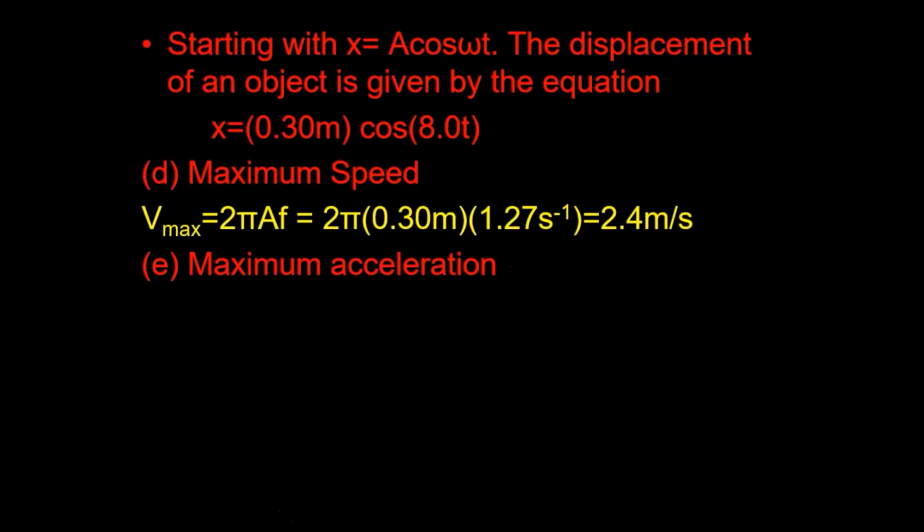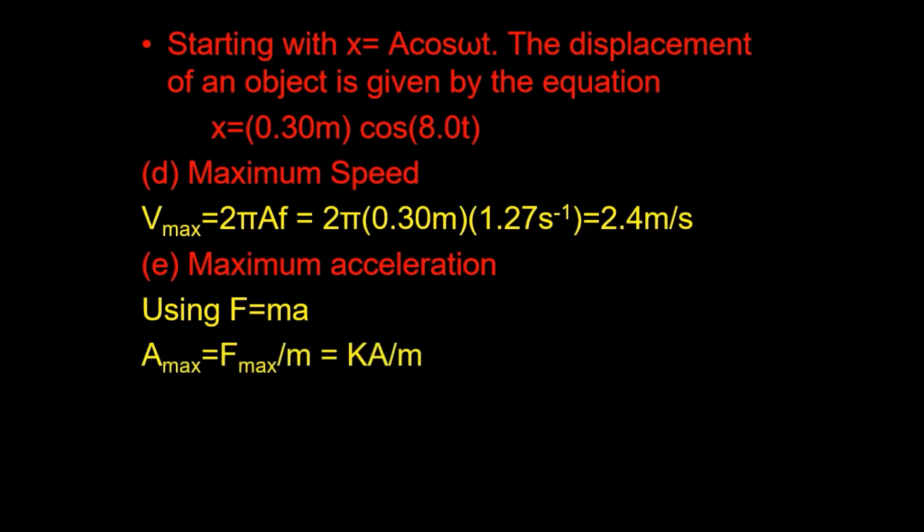And finally, the maximum acceleration. Where we always want to go for acceleration is essentially F equals ma. We can say that the maximum acceleration is essentially F over m, or kA over m. This should actually be a small a here.